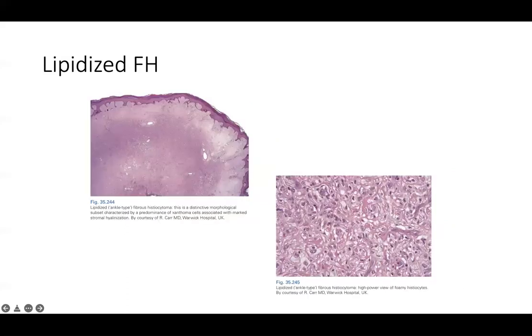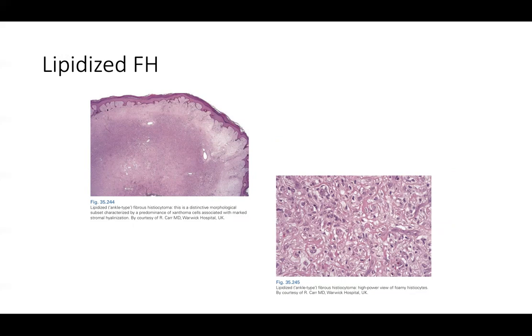Lipidized fibrohistiocytomas can look pretty scary sometimes when you first identify them. They can look like some type of malignant proliferation or maybe some type of epithelioid neoplasm that needs to be worked up further. But oftentimes these present on the ankles of young to middle-aged patients, and they're just a non-specific indurated papule.